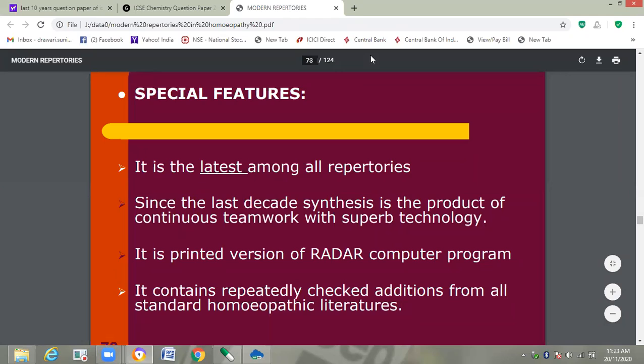In this 7th version, about 235,000 additions can be found compared to the original Kent's repertory.